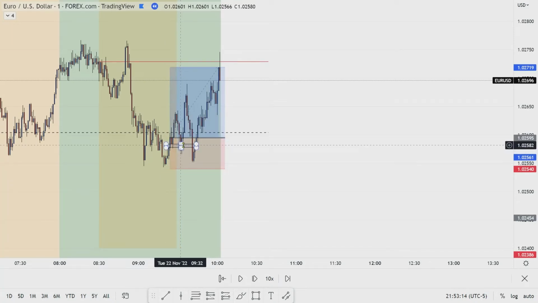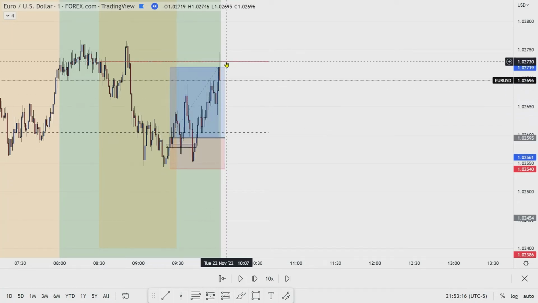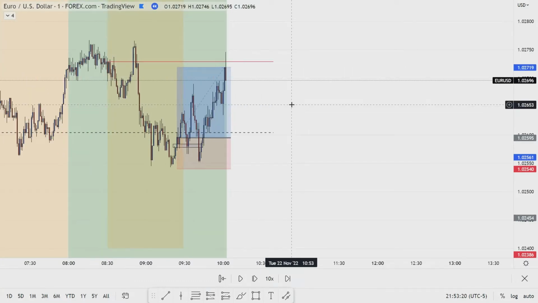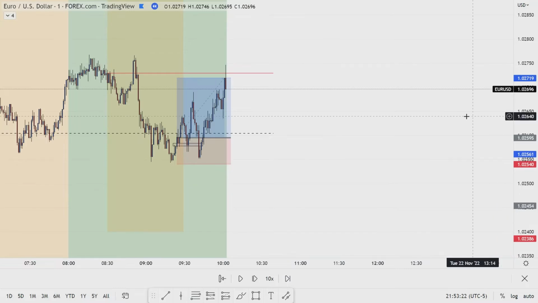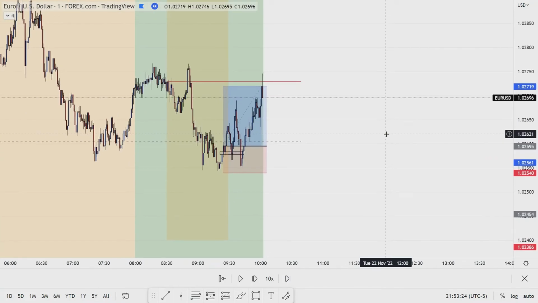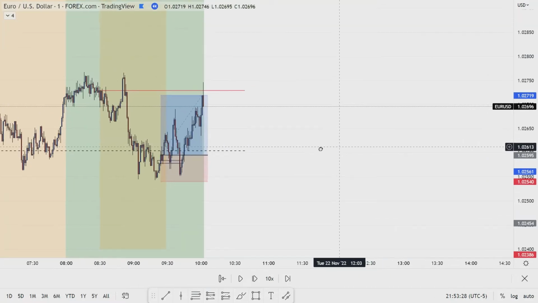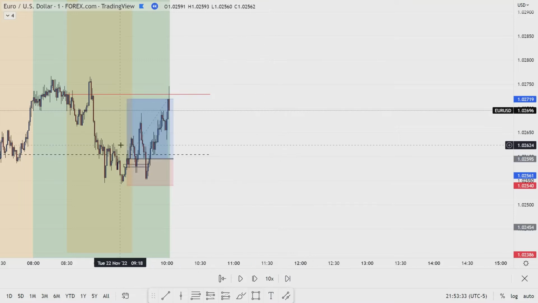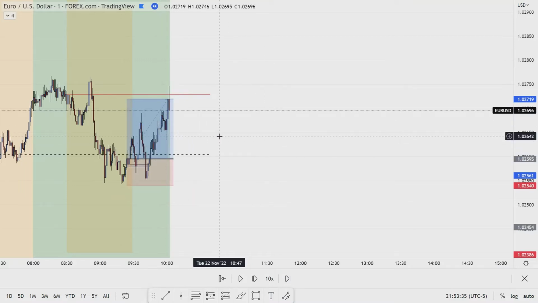We get a setup that looks very similar. And so that would have been it for me. Just one trade and get out for the day. If it had been a loss, maybe I would have gone for a second trade, but we'll see what happens Wednesday, Thursday, and Friday.